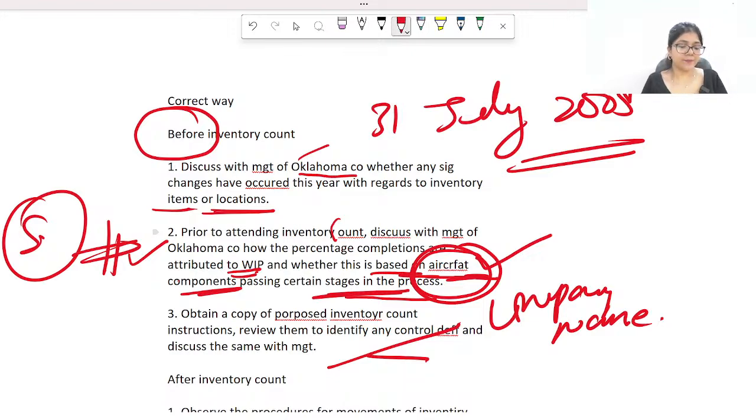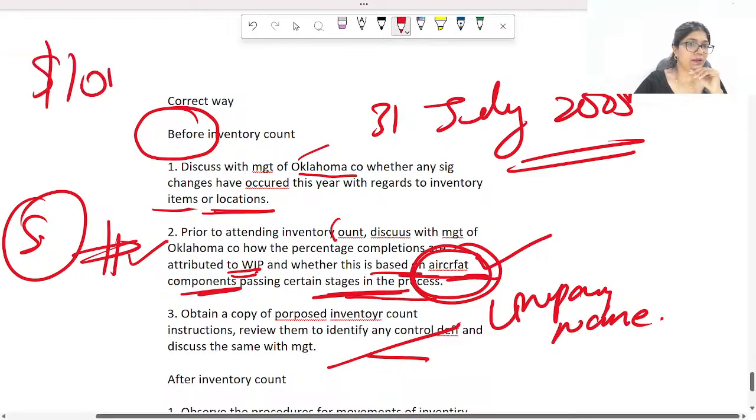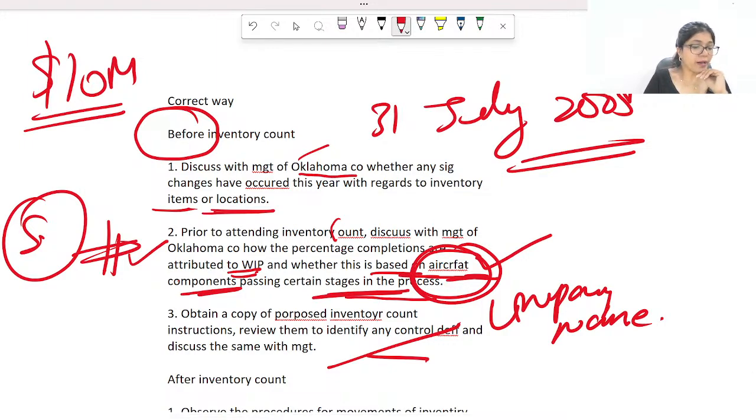Let me know quickly. Can we use the amount of $10 million anywhere in the before inventory count procedures, or anything else that you want to add?